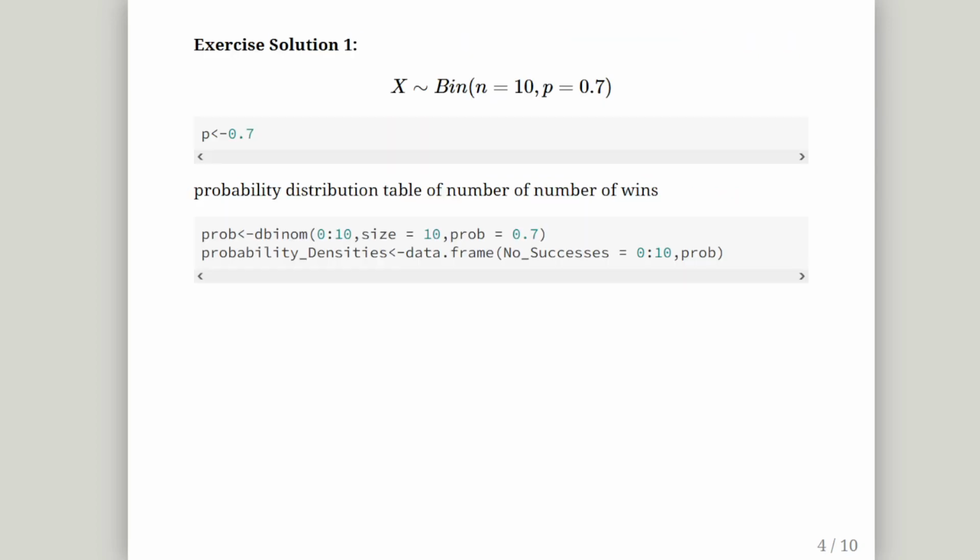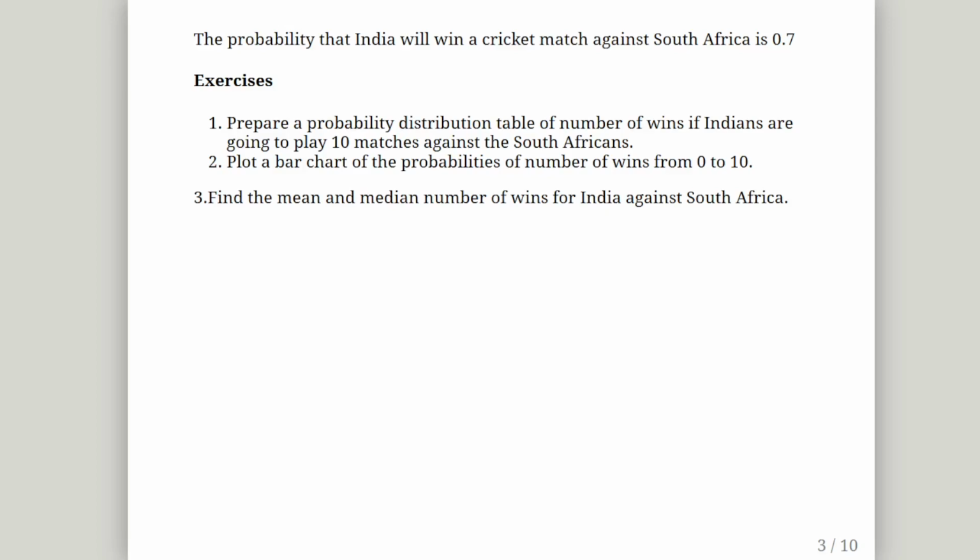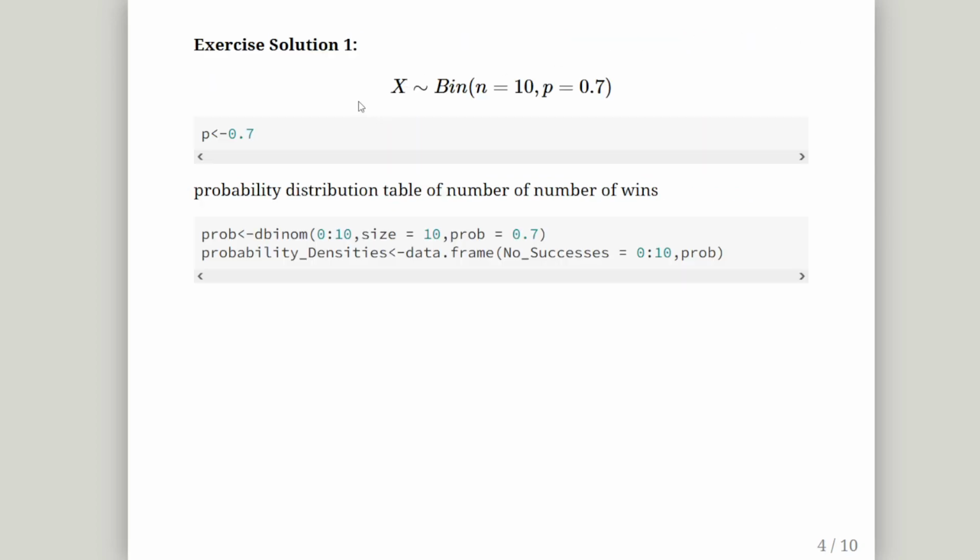Okay, so this is 10 independent trials, so they're going to play 10 matches, and the probability of winning is 0.7. So that's a binomial distribution with n, the number of independent trials, equal to 10. That's maybe a bit hypothetical in sport, but anyway, we'll go with it. And the probability of success, which is an Indian win, is 0.7. So we're going to set p equal to 0.7.